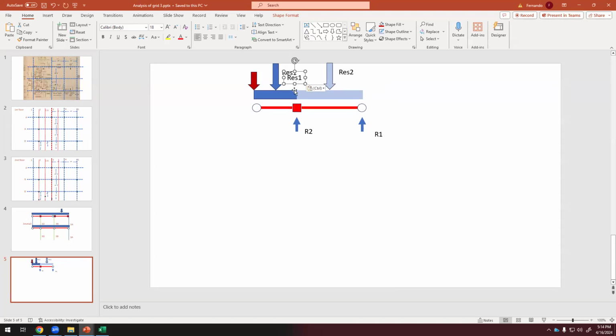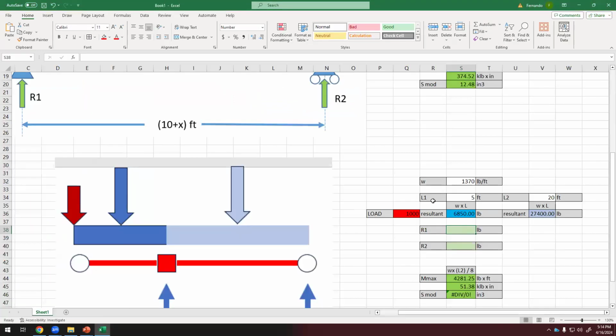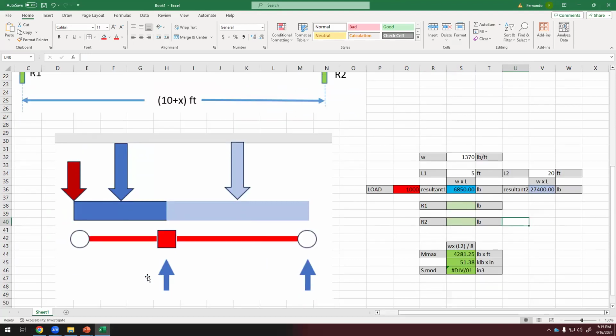And that is the load. Okay, so we have a load, resultant 1, resultant 2, R1 and R2. This is the same thing we have here: resultant 1, resultant 2, and the load. And we have R1 and R2. This is R1 and this is R2.